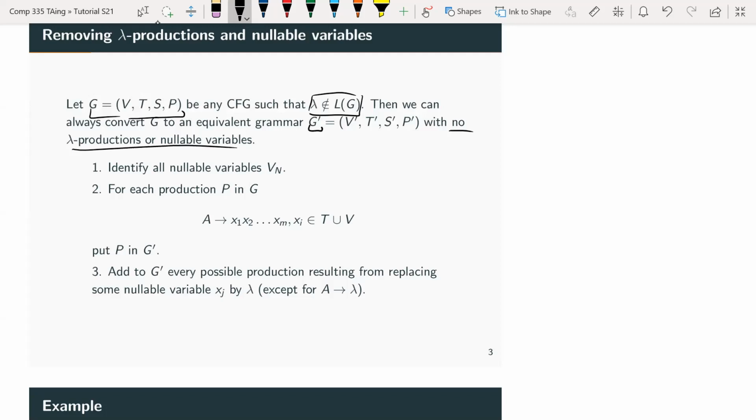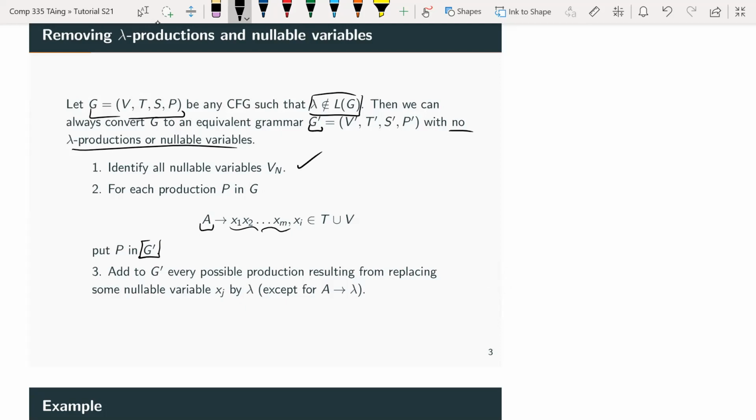So how do we do this? We first need to identify all nullable variables. Then for each production rule, A gives you a bunch of different variables and terminals, add this production rule to the set of production rules of G prime, right?